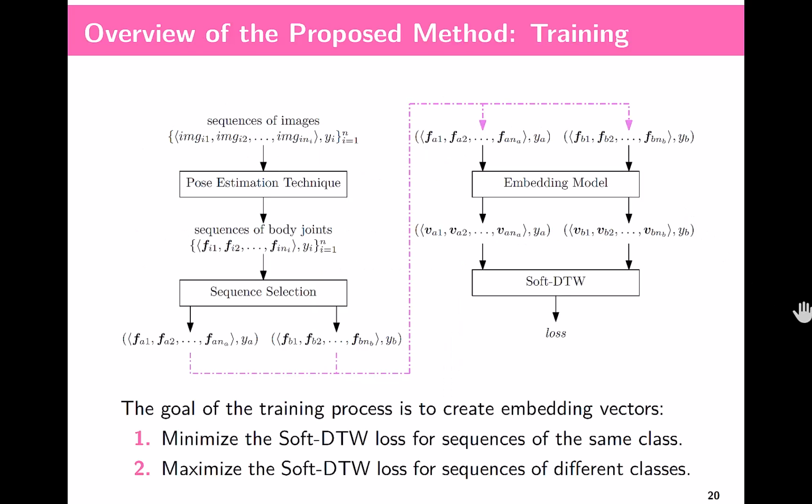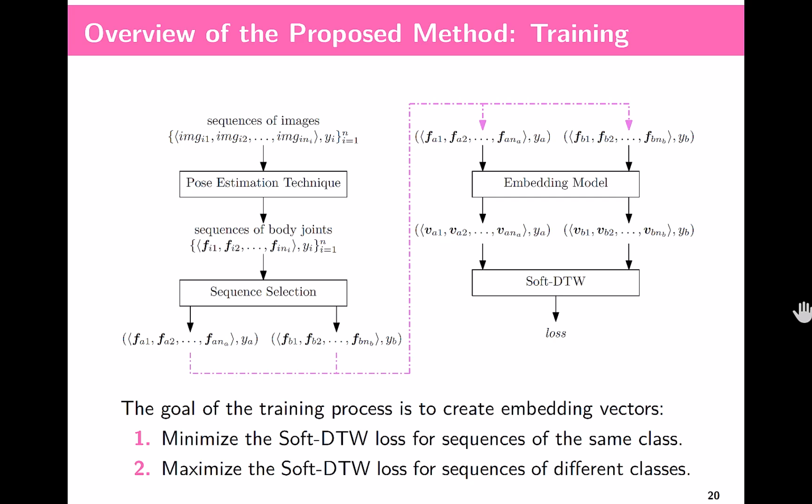Overview of the proposed method: training. Sequences of images are passed through the pose estimation technique. Each image is then represented as a frame of body joints in 3 coordinates, x, y, and z.